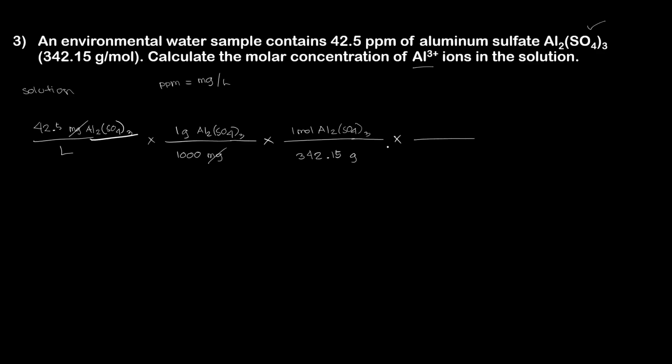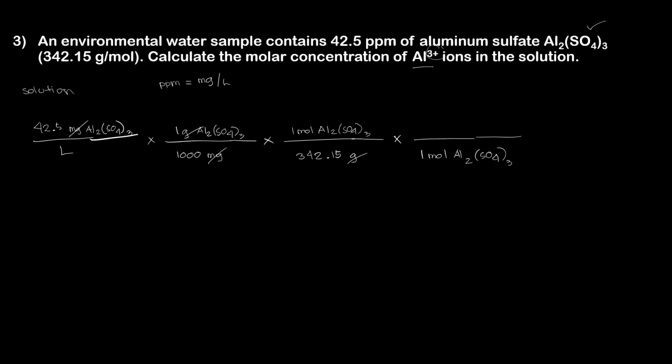And with that, we can cancel the grams and we're left with mole of Al2(SO4)3. This time we are asked to calculate the concentration of Al3 plus. So we must relate Al3 plus with Al2(SO4)3. So 1 mole of Al2(SO4)3, how many aluminum are there?